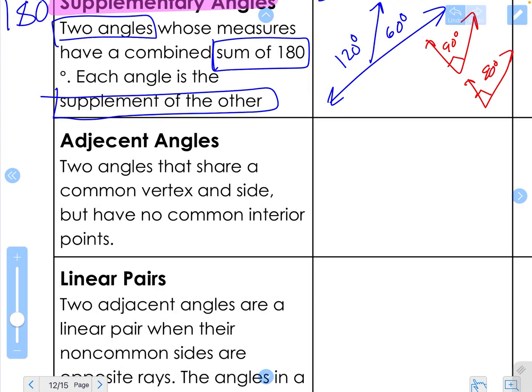Our next definition is adjacent angles. These are two angles that share a common vertex and a side.